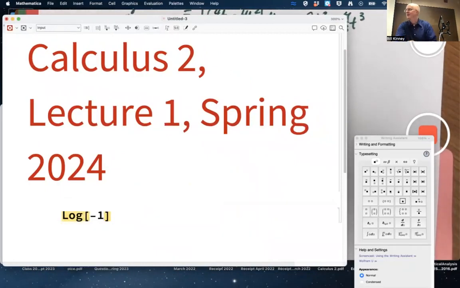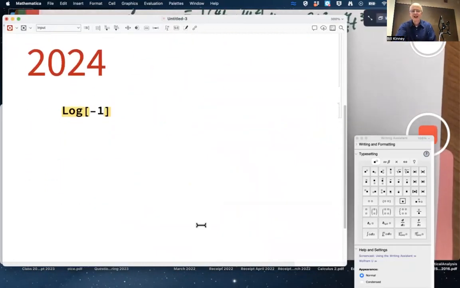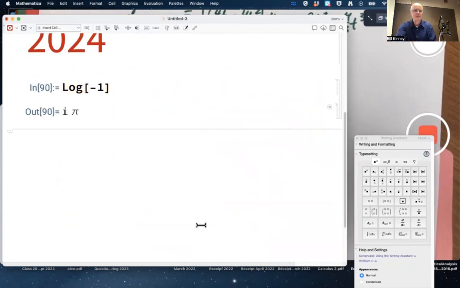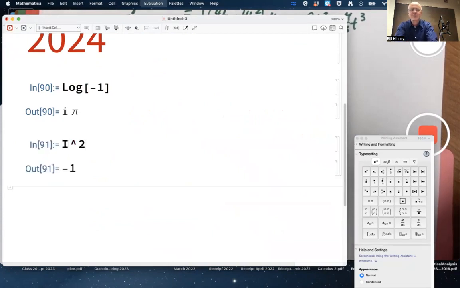In Mathematica, log actually means natural log. It's just that it's an imaginary number. Log of -1 is i times pi. i is the imaginary unit. i squared equals -1. e to the i times pi power plus 1 is 0.